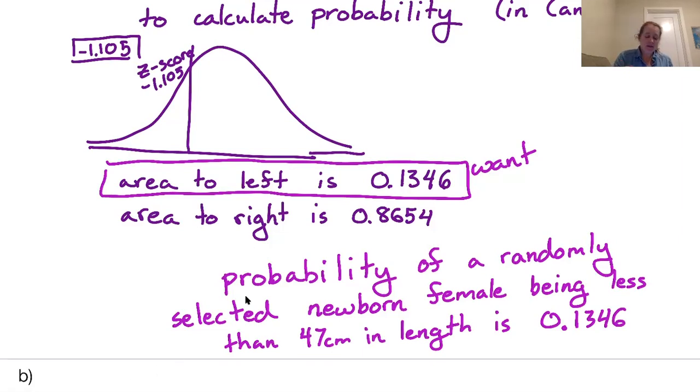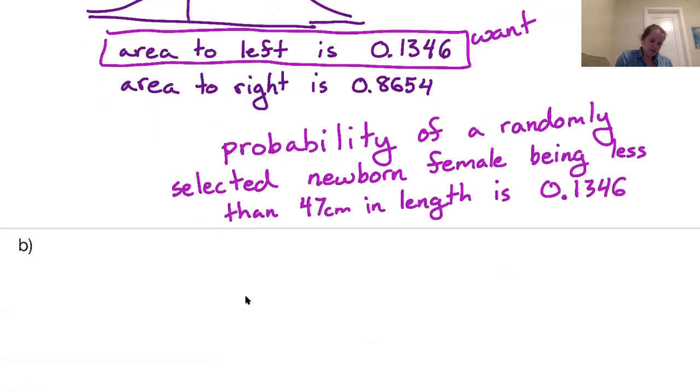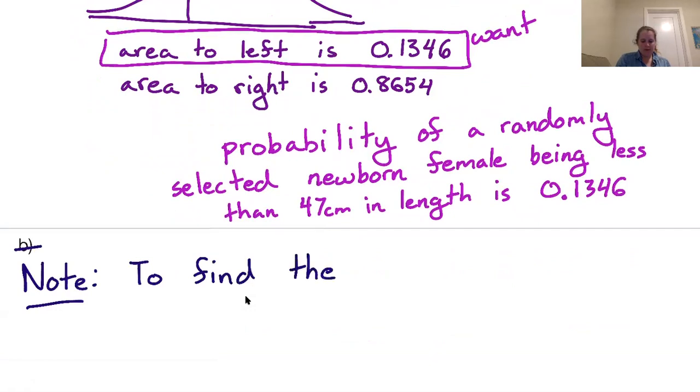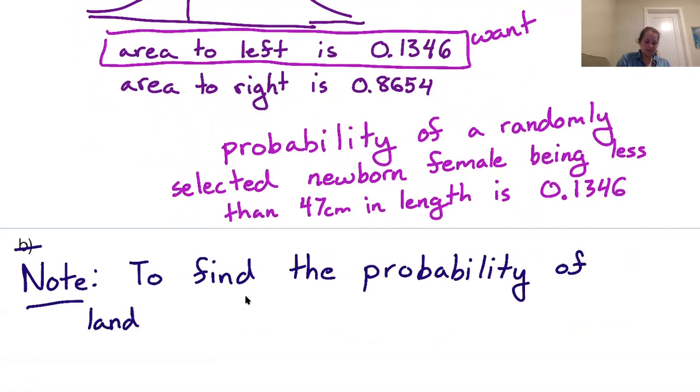Just a side note here, to find the probability of landing between two numbers, we have a couple of options.